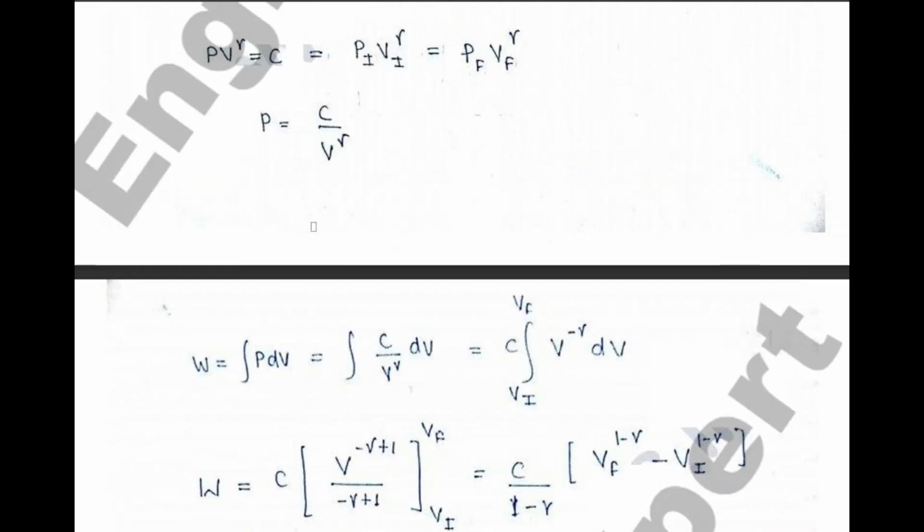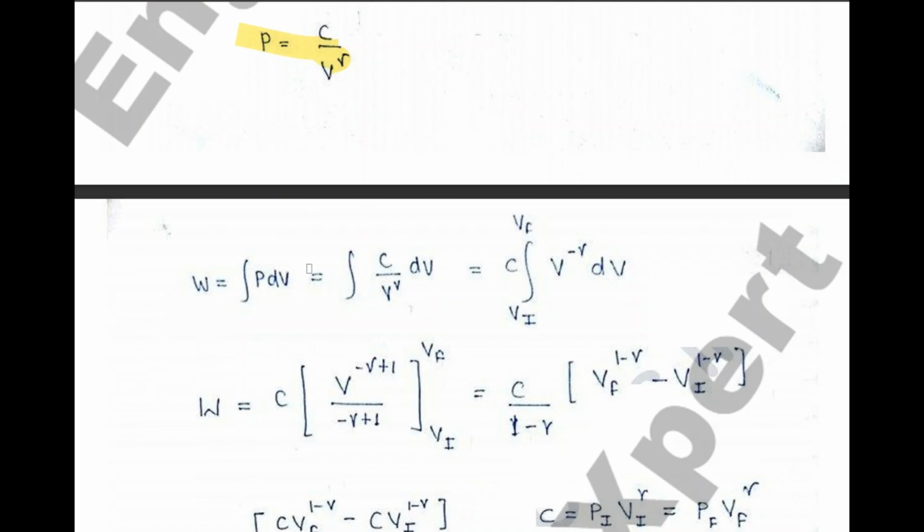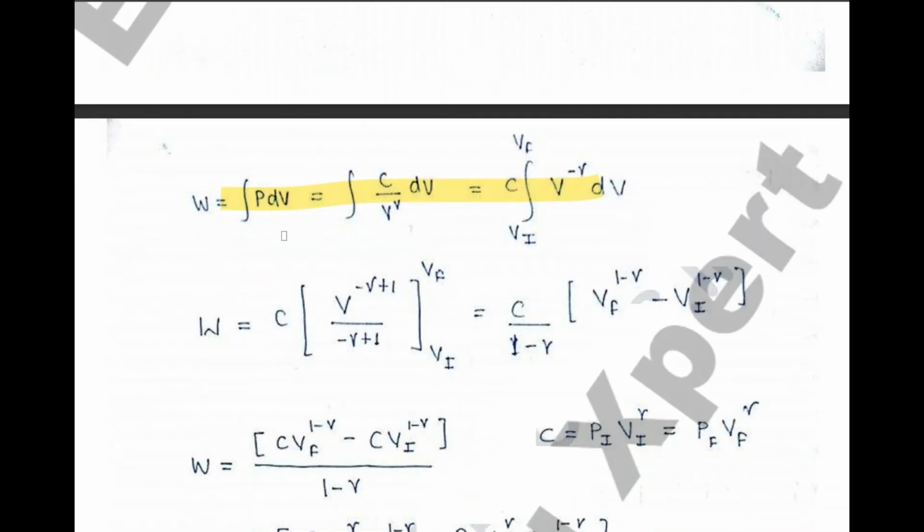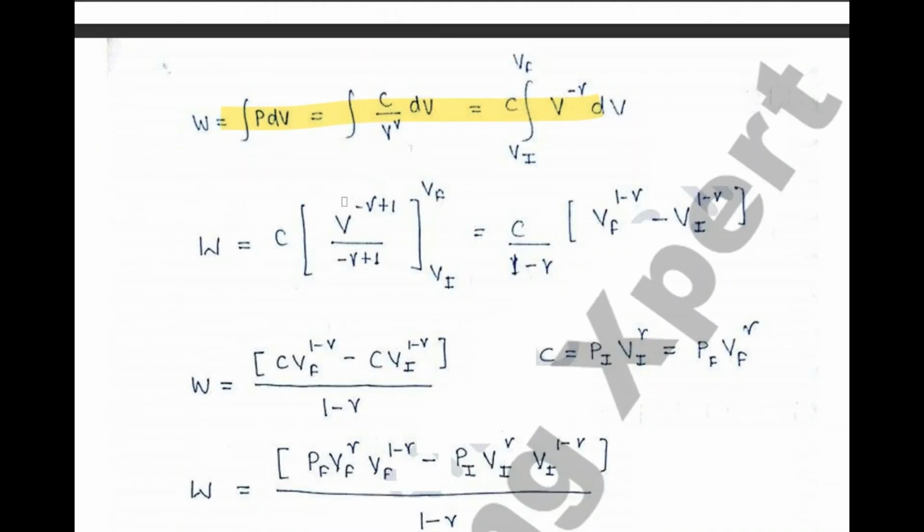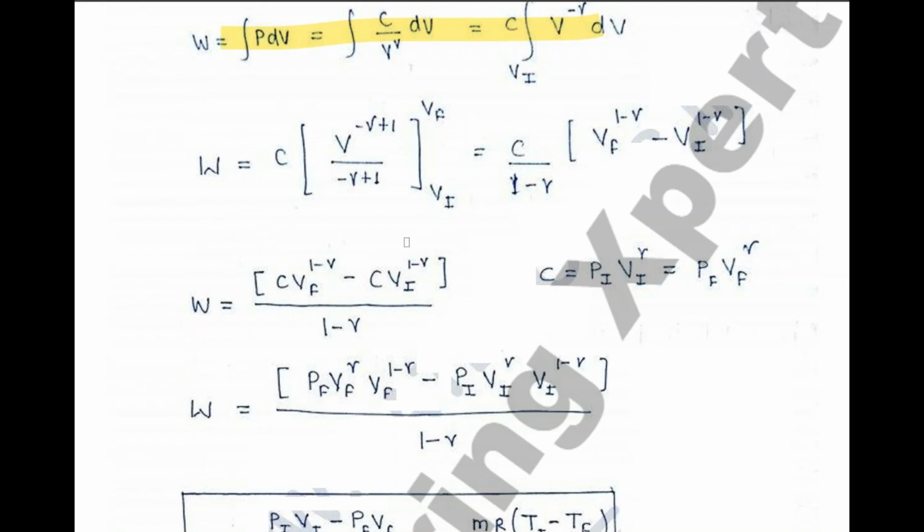To find the work in this process, we need to do a derivation again. We know the relation as in the isothermal condition, just with the gamma here, so you have to do the same process. Integrate PdV for closed system work, and on doing a simple integral calculation, you will get this as the final result.